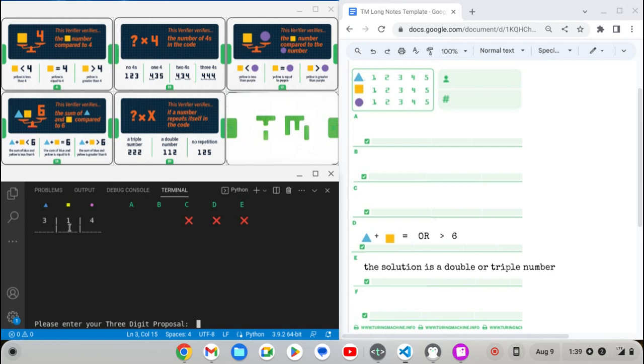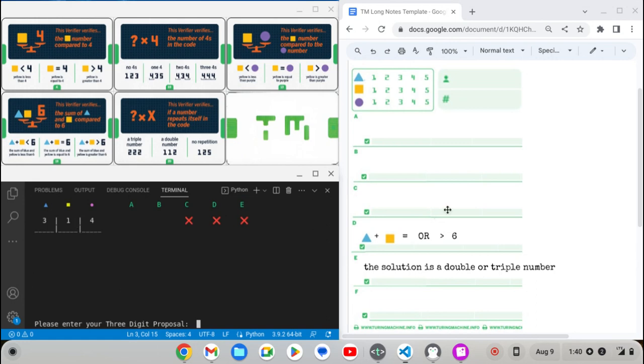So I did choose a 1 for square and 4 for circle. So obviously the Turing machine does not approve of that. So it's telling me that either square equals circle or square is greater than circle.